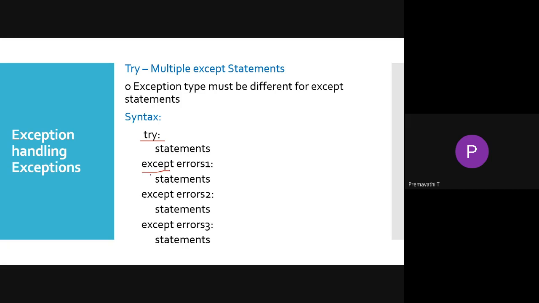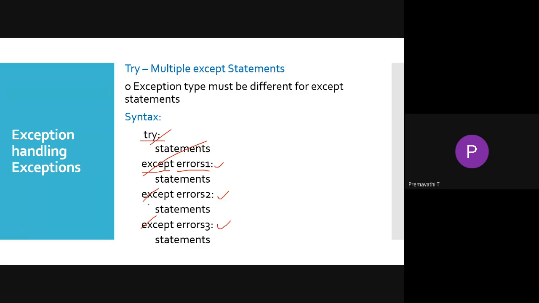Instead of only one try and one except, here there is one try, but we are able to use more except keywords. The exceptions must be different for each except, and the names of the errors are also different.